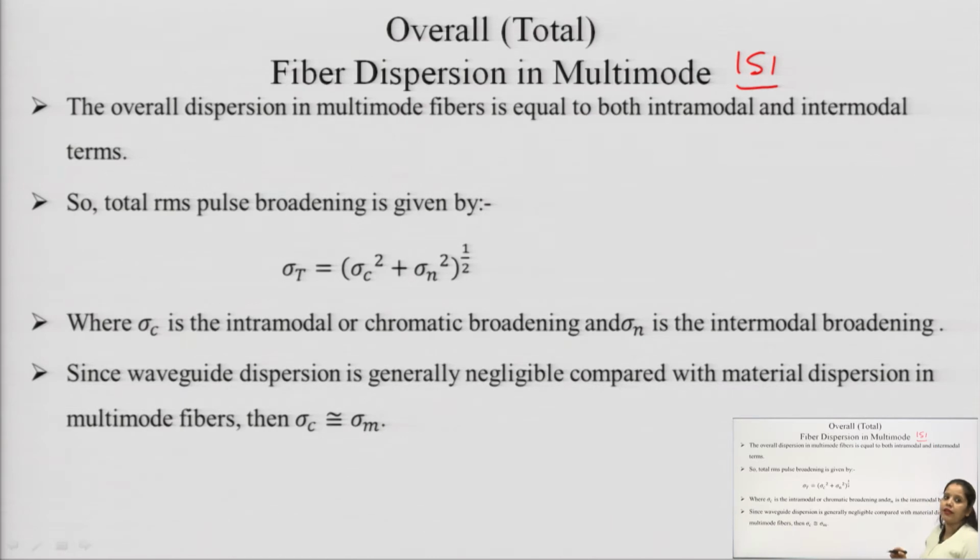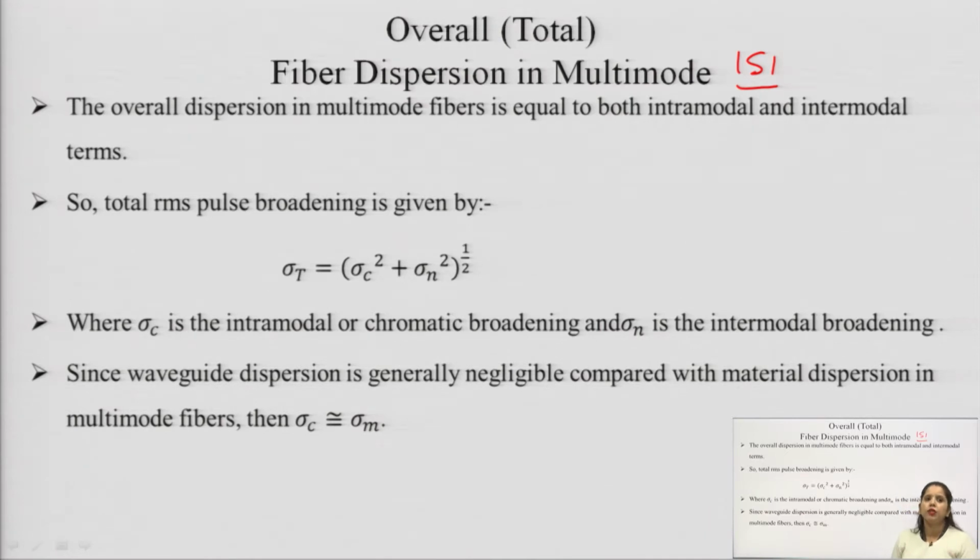In this case, pulses are indistinguishable, that is, we can't distinguish between the signals transmitted from the input end. So, this is dispersion, and it is basically of two types, intramodal dispersion and intermodal dispersion, which we have already discussed in the previous lecture.